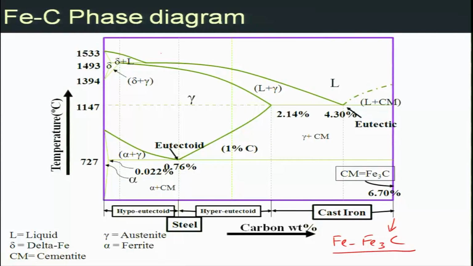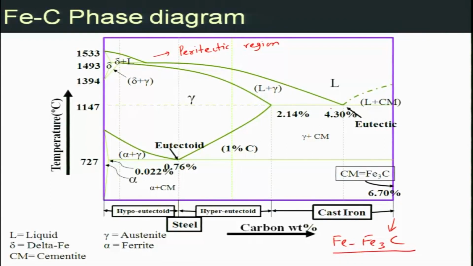The first region is the peritectic region, which is at carbon compositions lower than 0.5%. Okay. This is at 1493 degrees centigrade. Then we have another region at 1147 degrees centigrade.